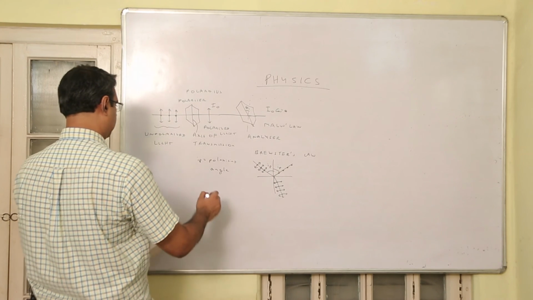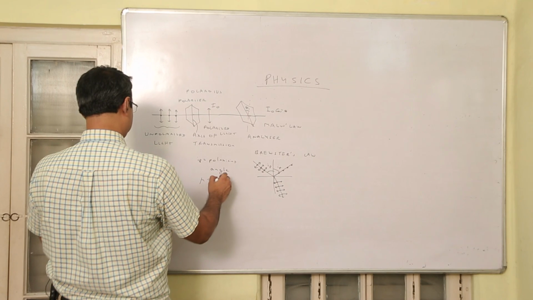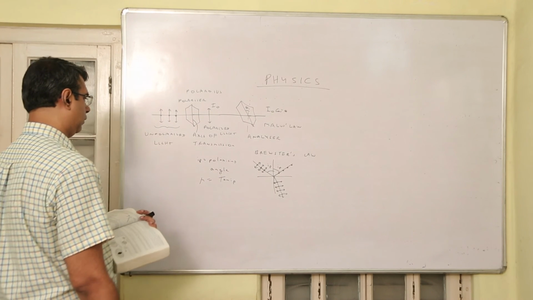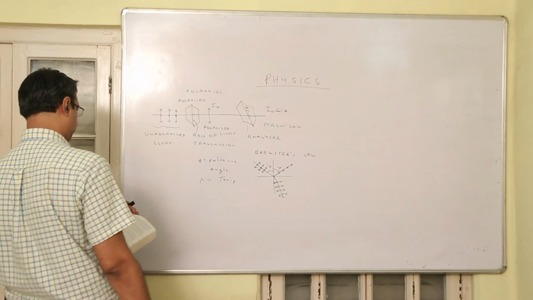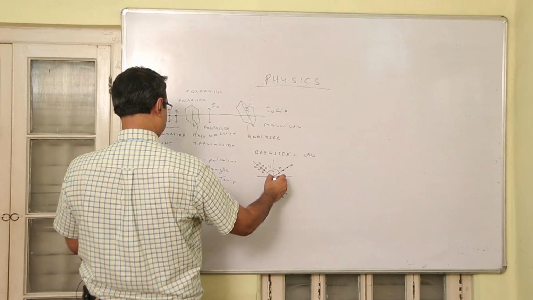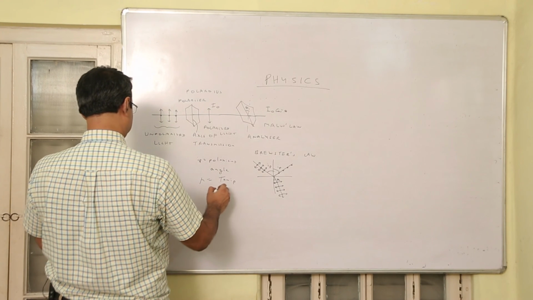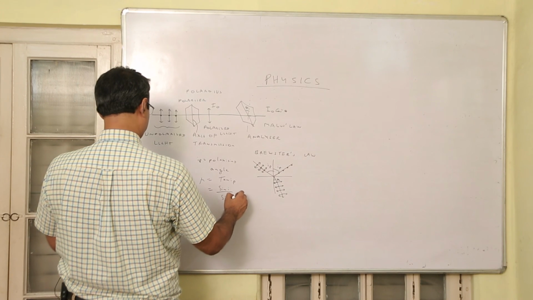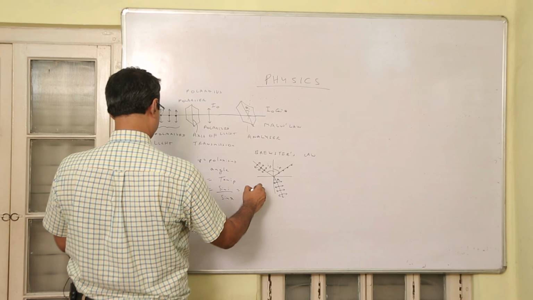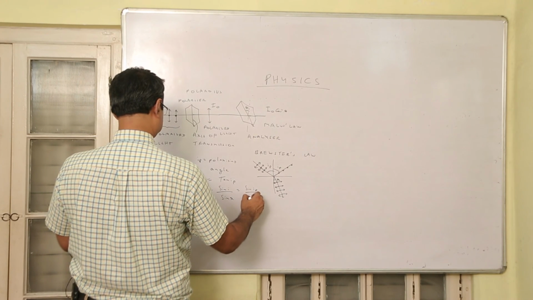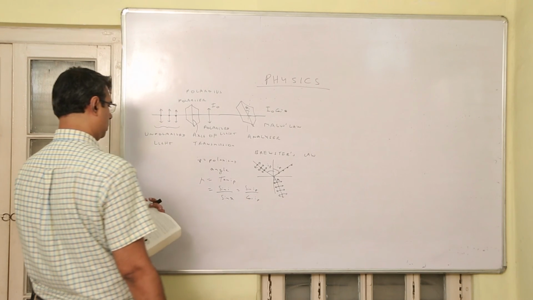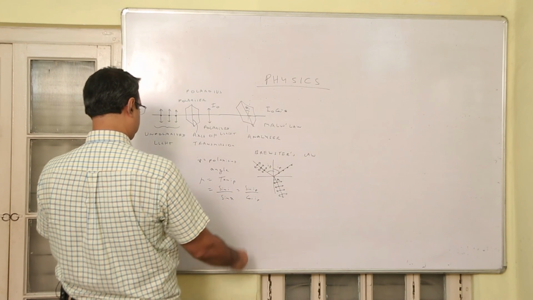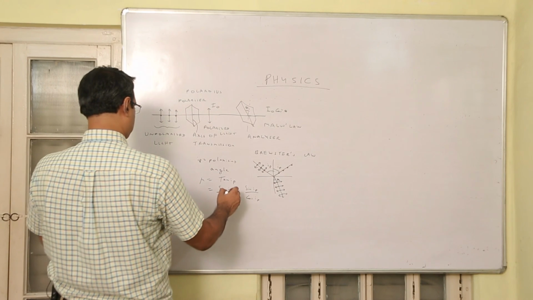Now, how do you define polarizing angle? According to Brewster, he said that the tan of polarizing angle is equal to refractive index, but suppose angle of refraction is R, you know that refractive index is sin I by sin R, so that is sin IP by cos IP.